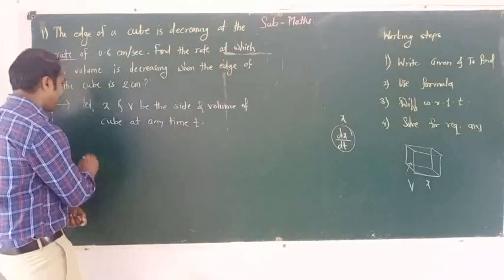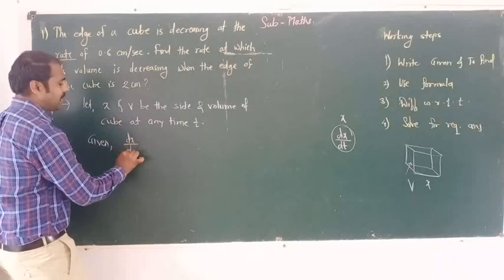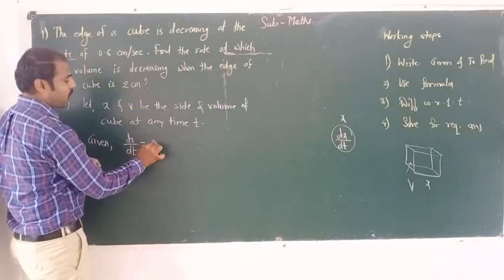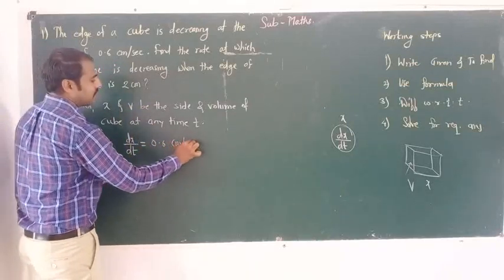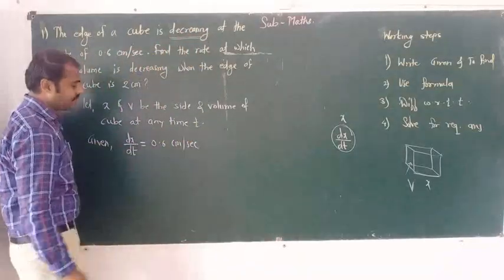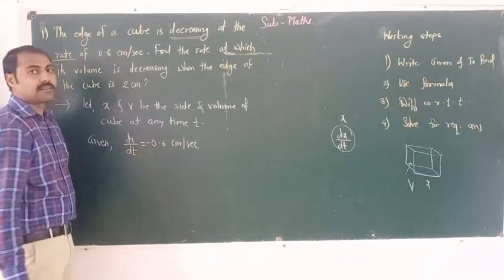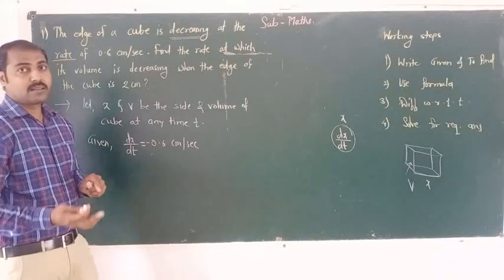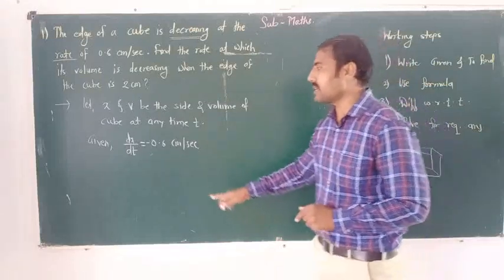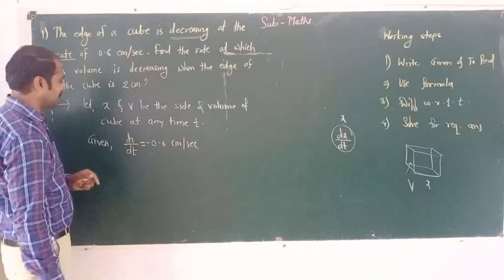So it is given that dx by dt, the rate of change of edge, is 0.6 centimeter per second. But the edge is decreasing, that's why I can take a negative sign here. When a function is decreasing, the derivative is negative. When a function is increasing, the derivative is positive. So I take the negative sign to denote that the function is decreasing.